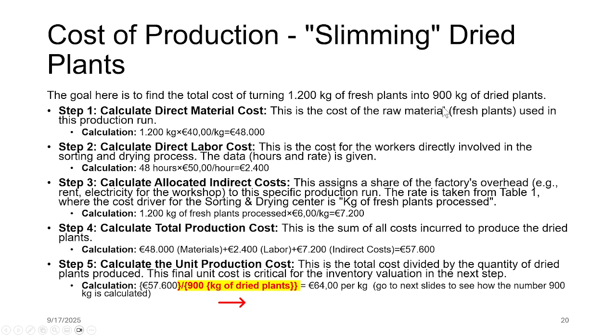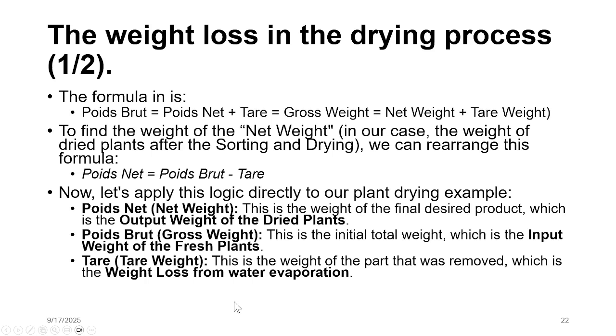First we will look at the next table before we go back. We mentioned the waste loss in the drying process, right? So you know that in the sorting and drying, we have a waste loss of 25%, right?